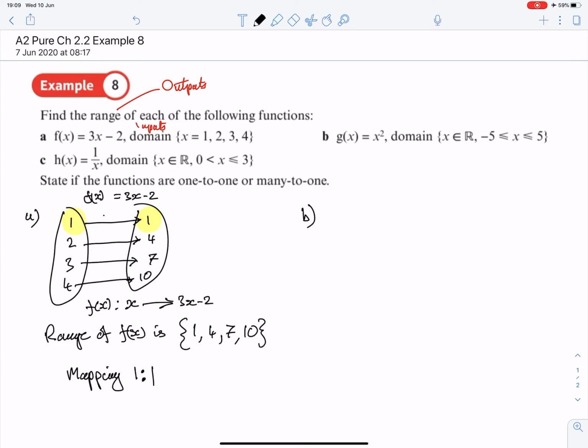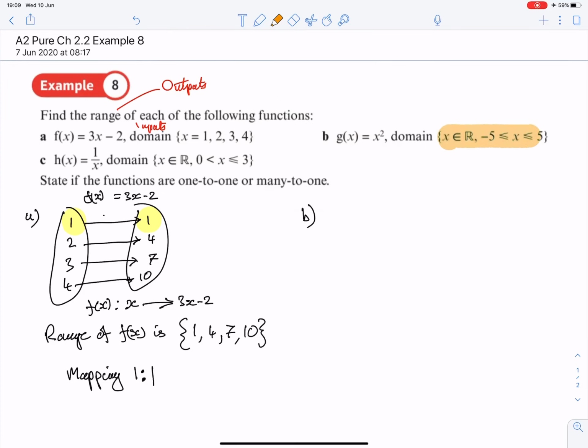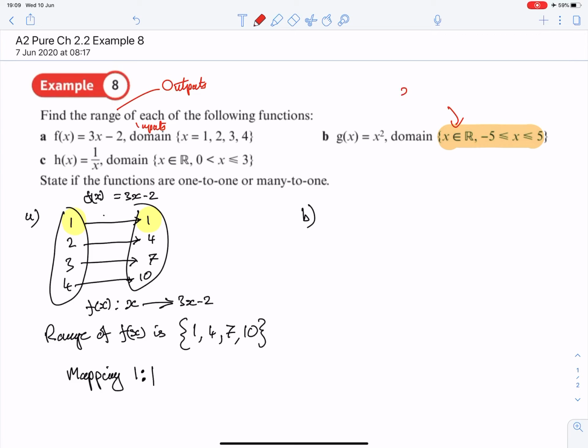Now, the difference here is that when we look at the way the domain is defined here, x is a member of the set of reals. That's the curly E kind of bit, and the R is the set of reals.